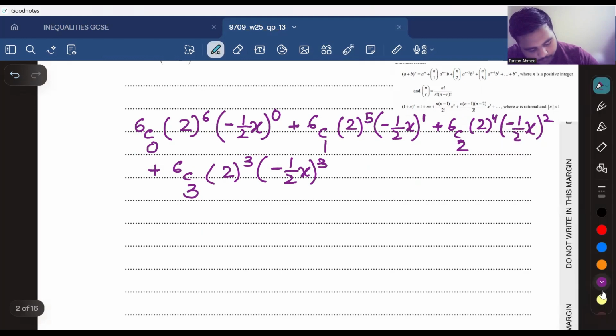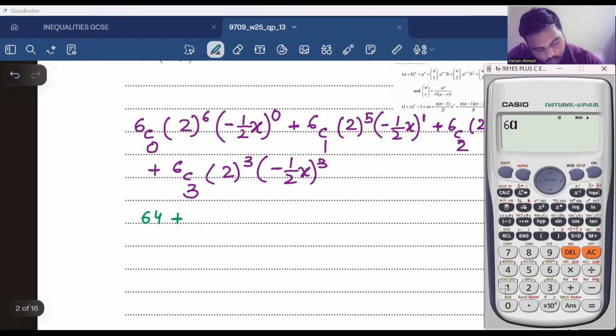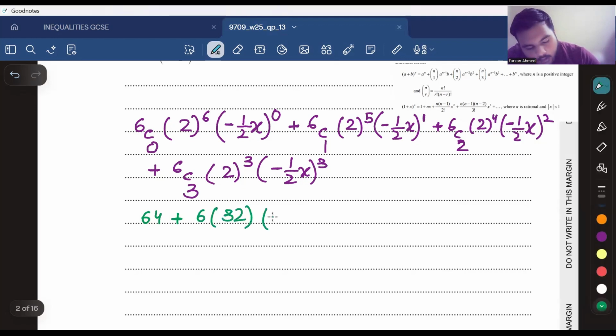So what we will write: 64 plus 6C1, which is 6, multiplied by 2 raised to power 5, which is 32, so 6 (32) (minus 1 upon 2 x), plus 6C2 is 15, 2 raised to power 4 is 16, and 1 upon 4 x squared.